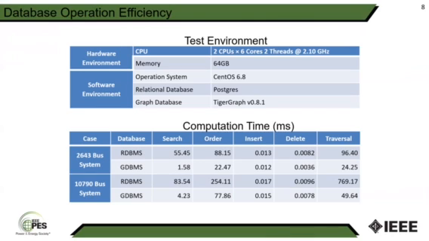For all of the operations, the graph database outperformed the relational database. Some of them are slightly faster. Some of them are dramatically faster. For example, for searching, the graph database is 40 times faster than the relational database. Those operations are widely used in power system applications.